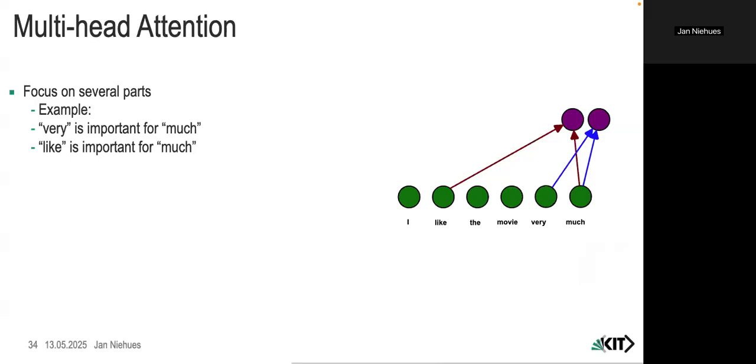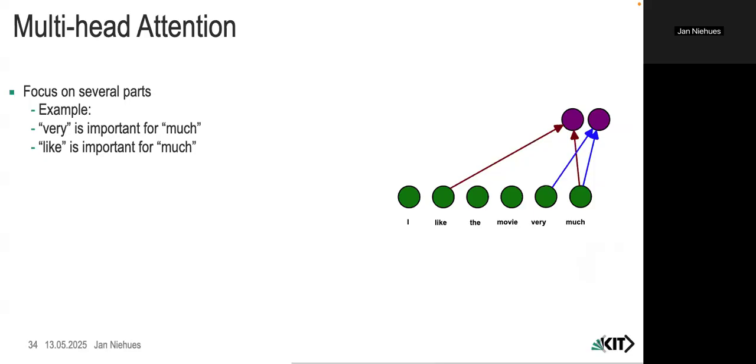But maybe even to understand a single word, it might be helpful to not do one query and one weighted sum and say, these words are important to understand it. In order to understand some aspects, this is important, and to understand another aspect, other things are important.